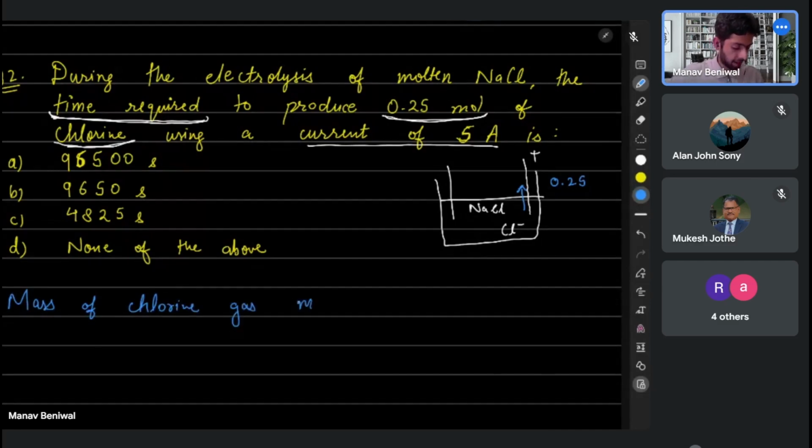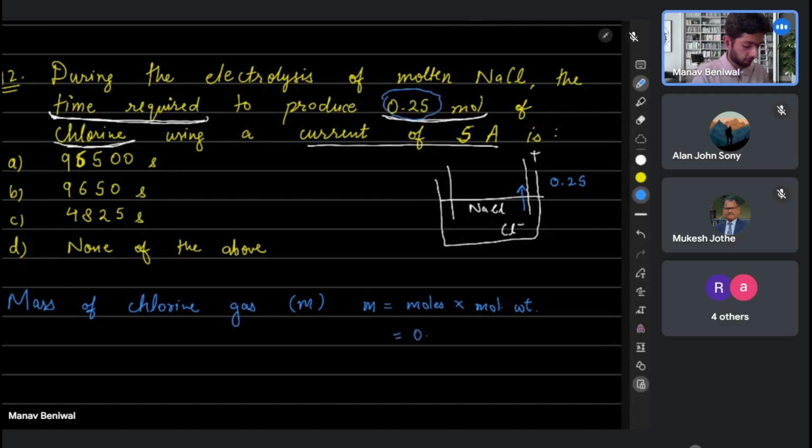Let's say this is m. M will be the number of moles multiplied by the molecular weight, right? Correct. So we are given the gas in terms of moles, 0.25 moles.